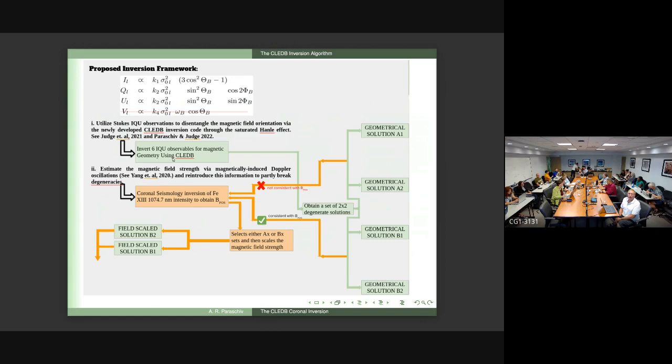And if you feed 6 IQU profiles to CLEDB, it can fit and find solutions. The problem is that without the additional constraints that Stokes V provides, you would get four geometrical combinations of solutions instead of the 2 that we are expecting.